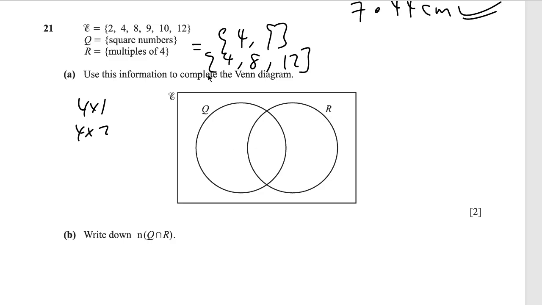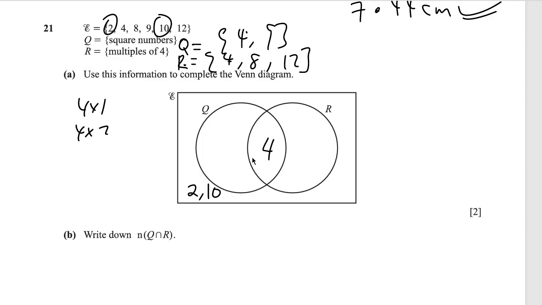This is for Q, this is for R. And you can see that 2 and 10 were not included in Q and R, so we simply place them outside the box, 2 and 10. And for Q and R, you can see that there are some similarities between the two. There's a 4 here and there's also a 4 here. So when you have a common element, you place that in between.